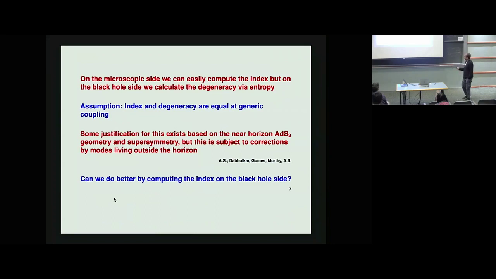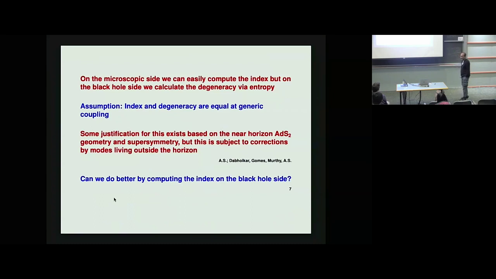One can give some additional justification for why the black hole index and degeneracy are the same. But these justifications are based on the near-horizon AdS2 geometry and supersymmetry, and typically this is subject to corrections by modes that live outside the horizon.